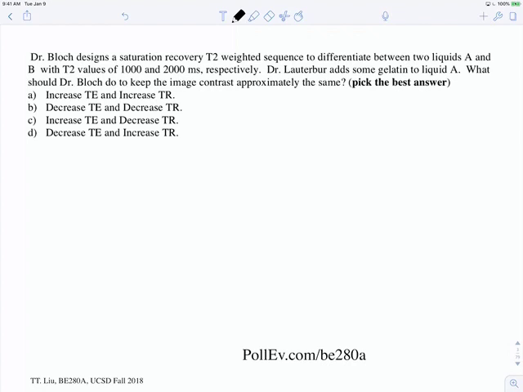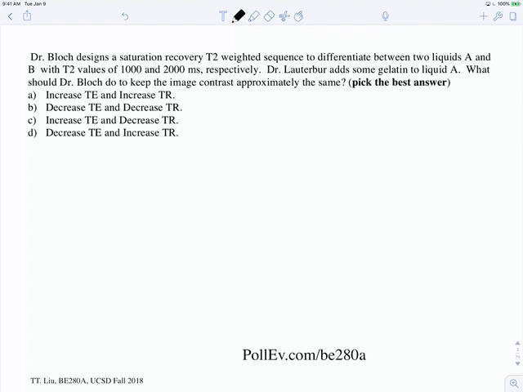Okay, about another minute. Go ahead and submit your best guess in the next minute. Okay, let's take a look at this.